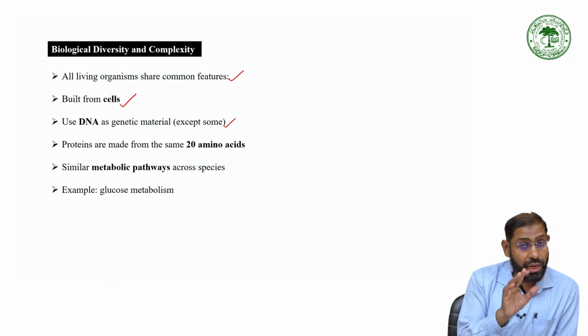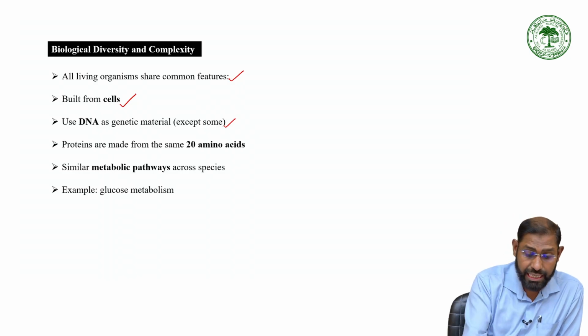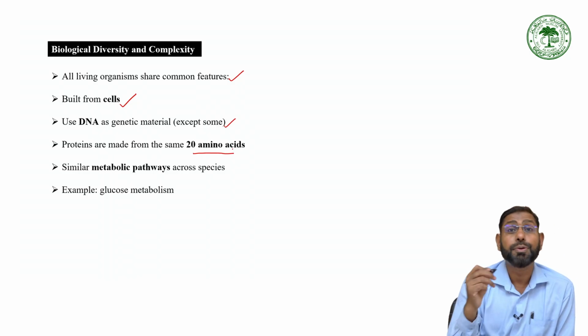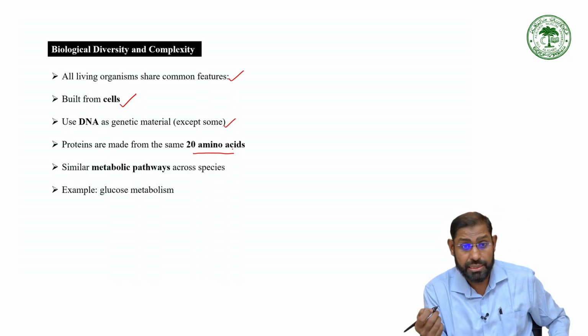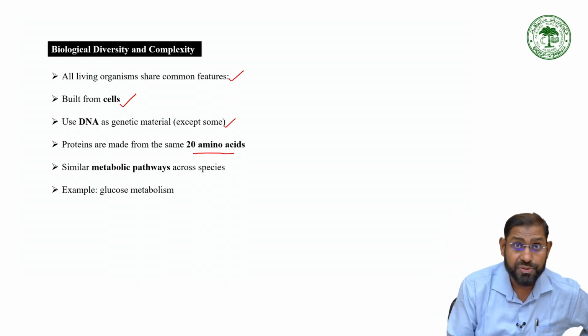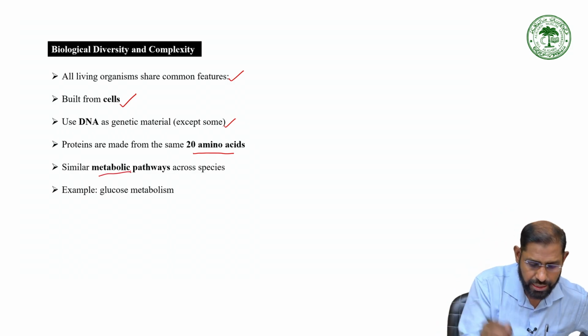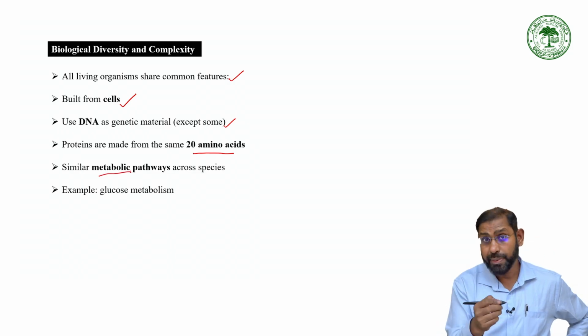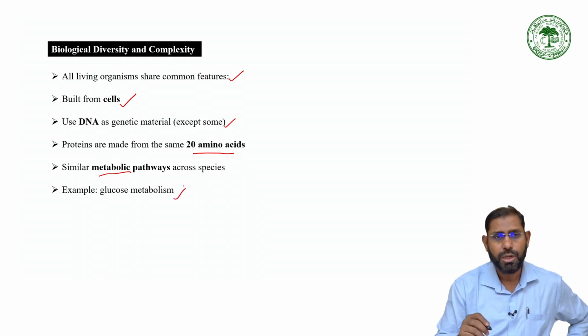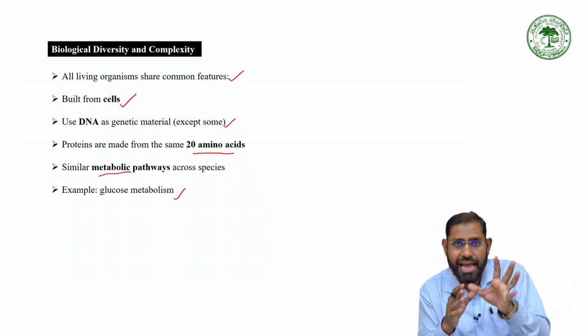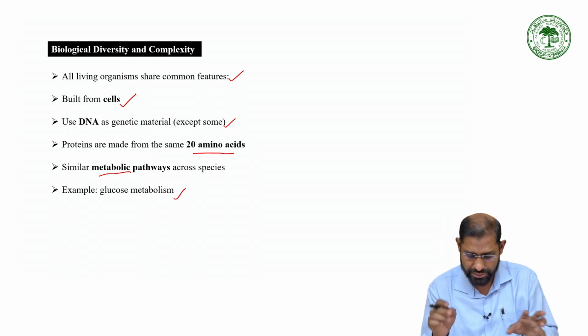And they all have very similar 20 amino acids which form the proteins. They also have the same or similar metabolic pathways, like the glucose metabolism already explained. These are the characteristics of biological diversity and also their complexity and changes.